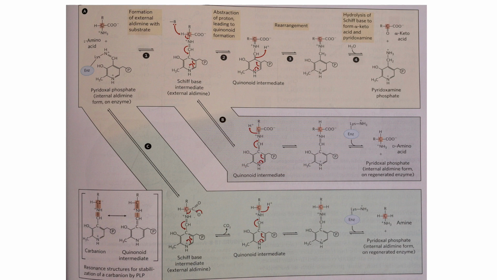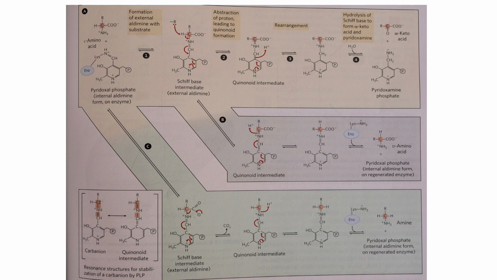This is the quinoid intermediate that I referenced here. This is the transformation that occurs right here, and the enzyme comes in and picks up the PLP right here, and the amino acid is produced at this point. So this is one of the transformations that occurs with the quinoid intermediate, and also you have the Schiff base present, and the Schiff base is an external aldimine, and you can see the quinoid intermediate here picking up the proton, and then there's a shift of the double bond.